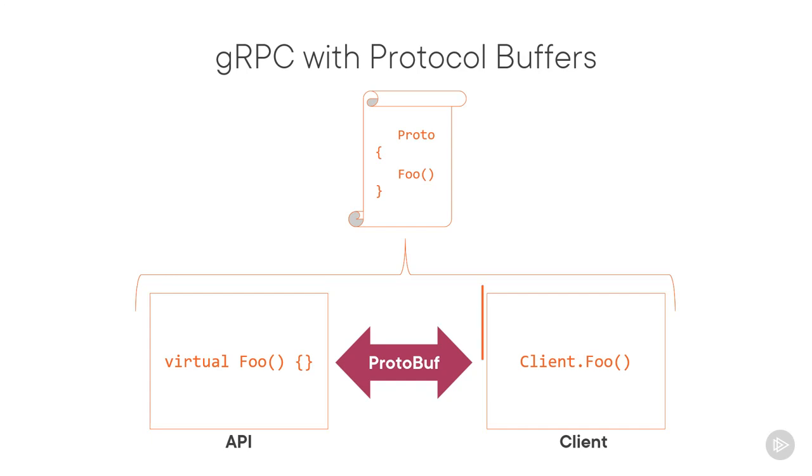On the client, a client class is generated, on which we can call the method directly. That class will then take care of calling the remote method on the server. Requests and responses are serialized using protocol buffers. Now let's take a look at an implementation.